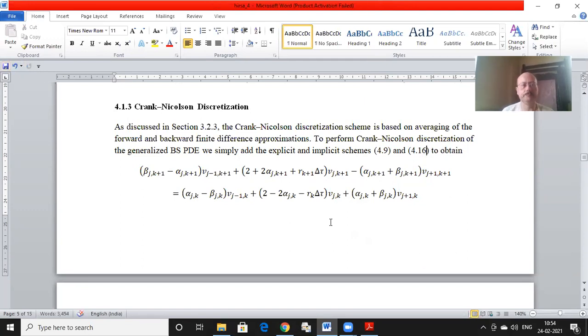Okay. So is this okay now? The explicit and implicit schemes are added to arrive at the Crank-Nicolson scheme. I'm not using the LDU symbols, so I just made this correction here to make the connection explicit.